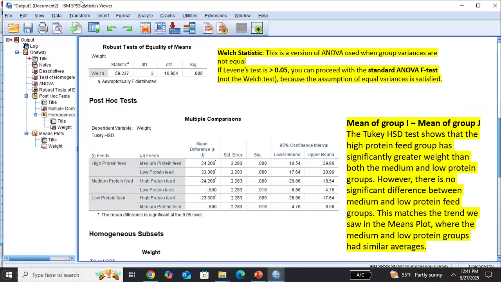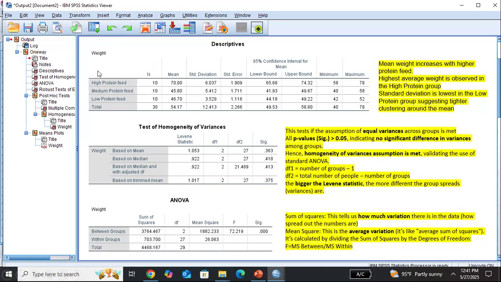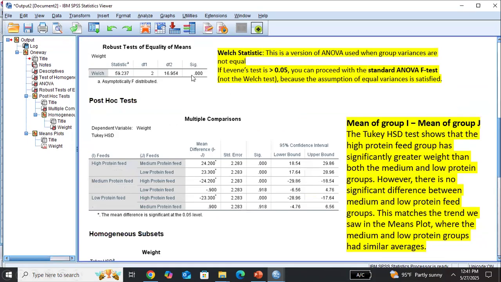Then you have to use this Welch test instead of this ANOVA test. So if it is greater than 0.05, you have to report this p-value. If it is less than 0.05, you have to report this p-value.